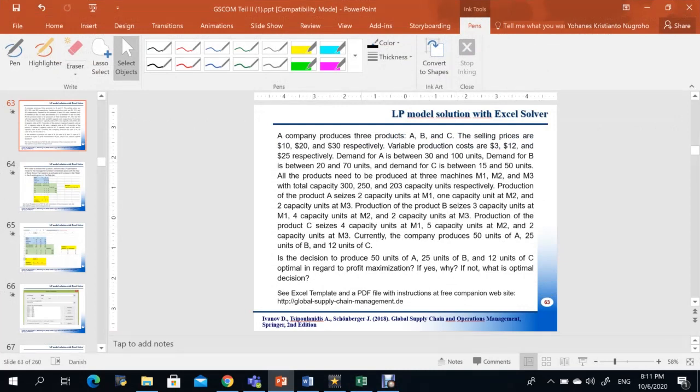Now we have demand for A in between 30 and 100.